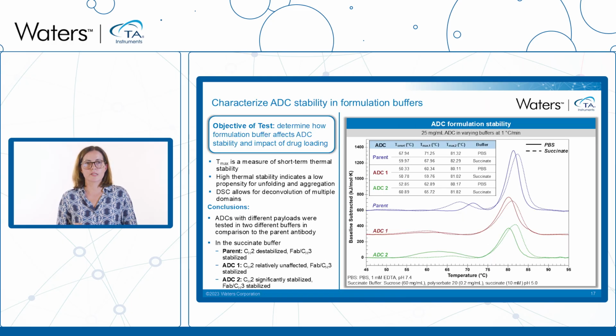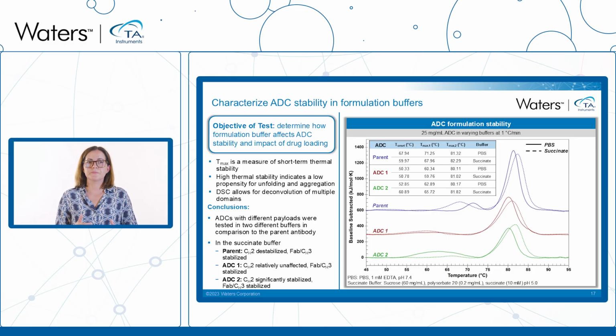This is another example with an antibody drug conjugate. In this case, we are looking at the effect of different payloads as well as formulation buffer on the stability of the antibody. So here the antibody, which is trastuzumab, is run without any modifications, which we label parent, and then also with two different drug conjugates, which we label ADC1 and ADC2.